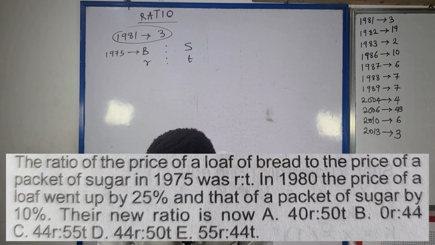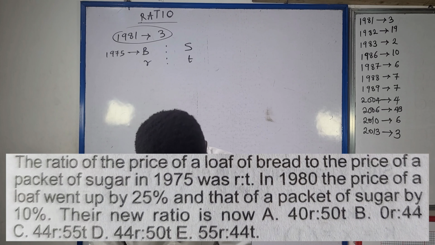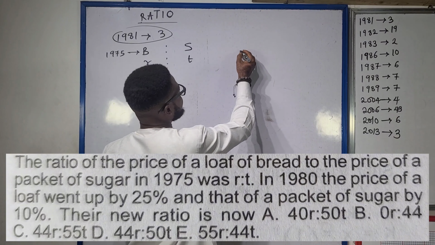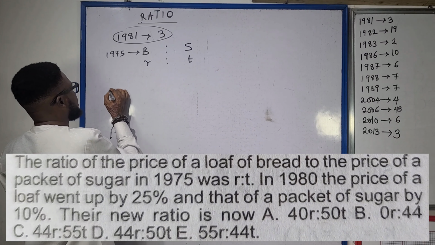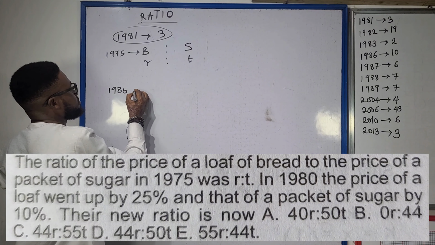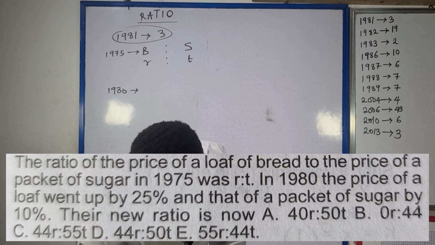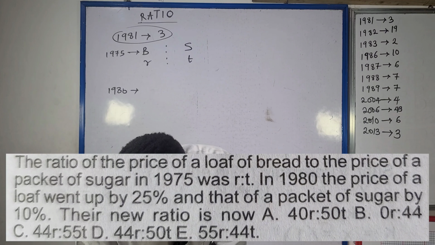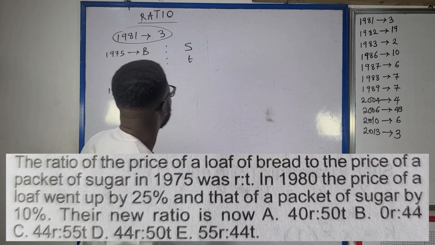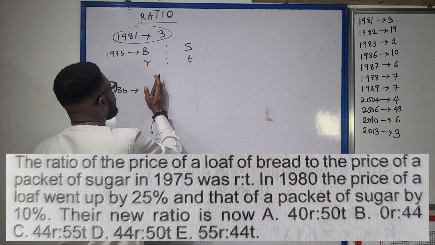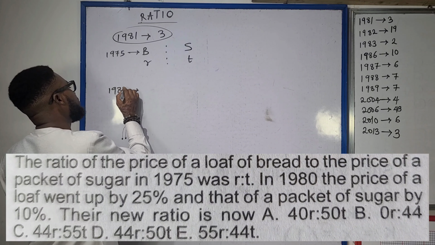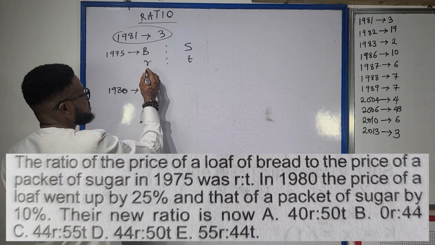And we were then told that in 1980, the price of the loaf went up by 25%. So we should increase the price of the loaf of bread by 25%.